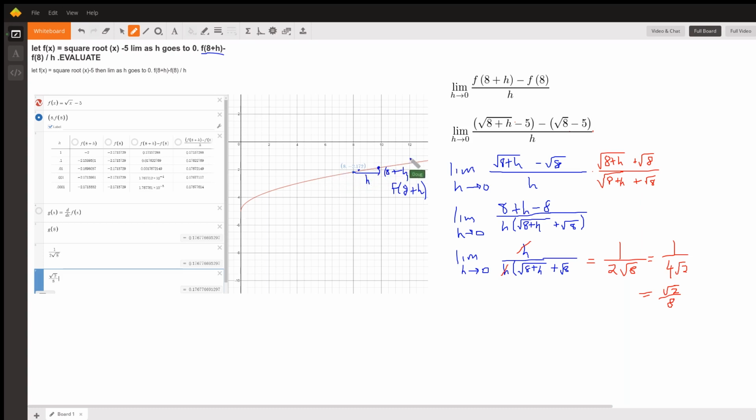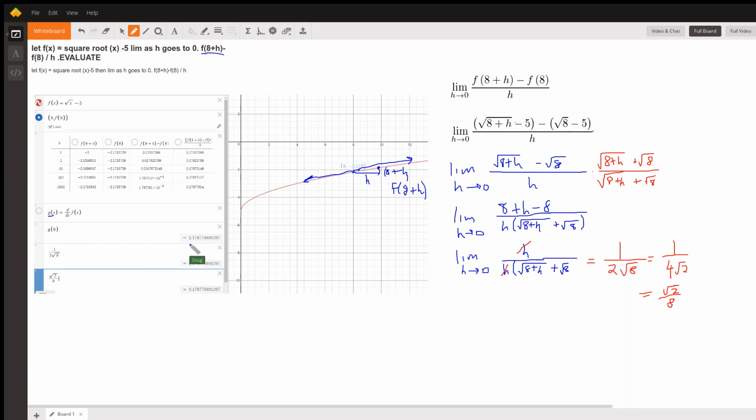That's what this is all about, finding a formula for the slope of a tangent line to a given point on the curve. And it looks like these values are getting closer and closer to 0.176, and so on. And down here, maybe you haven't learned how to take derivatives yet, but I used the Desmos tool to calculate the derivative of f of x, which is just another function.